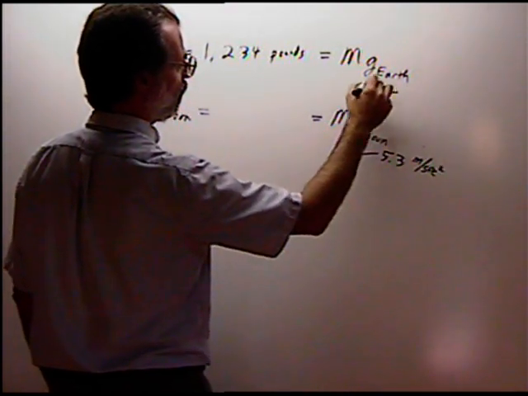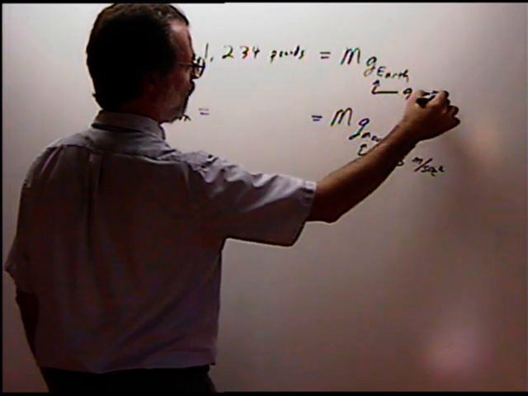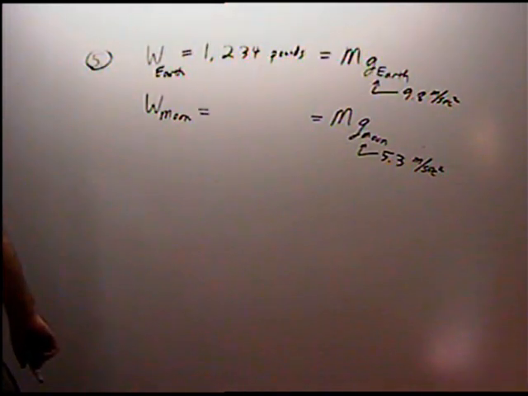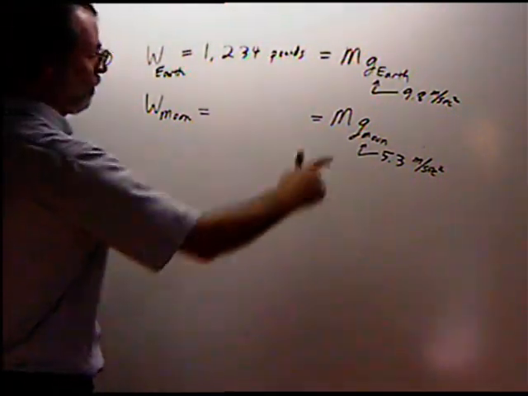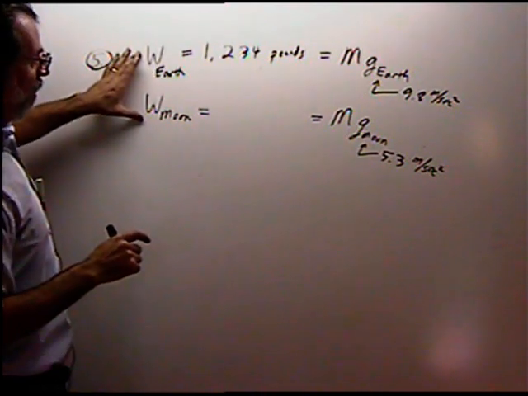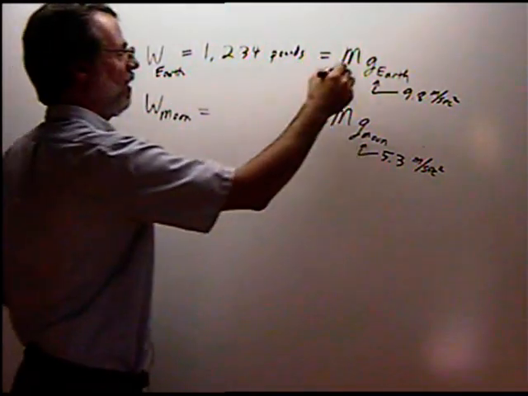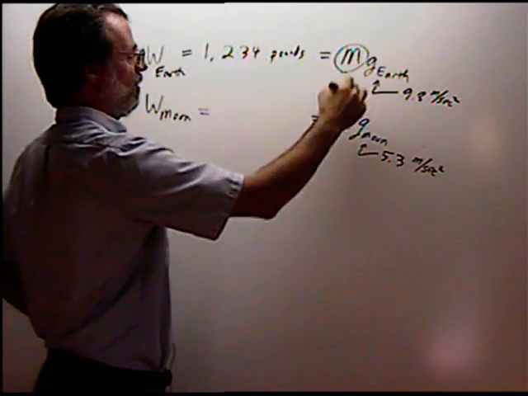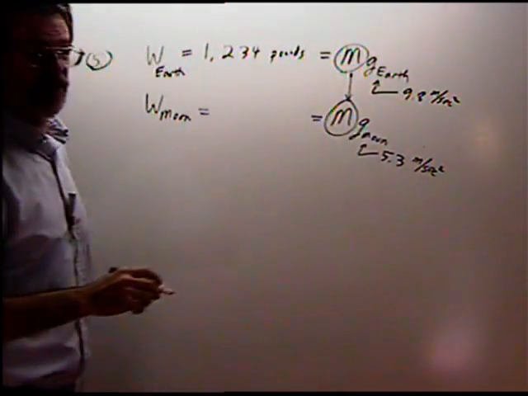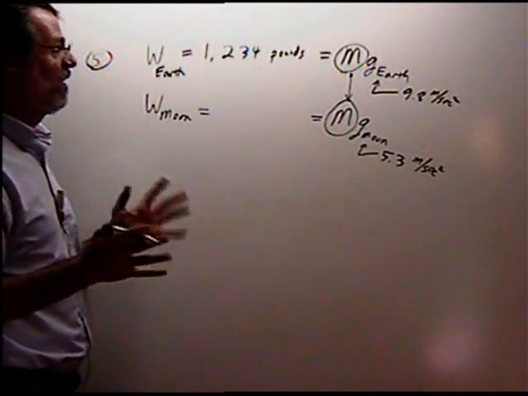The gravity on the Earth is of course 9.8 meters per second squared. Do I have that number right? Yes, it's 5.3. So we have two equations, and the link between these two equations is the mass. The mass is the same for both. The mass hasn't changed. If we take the mass to the moon, the mass is still the mass.